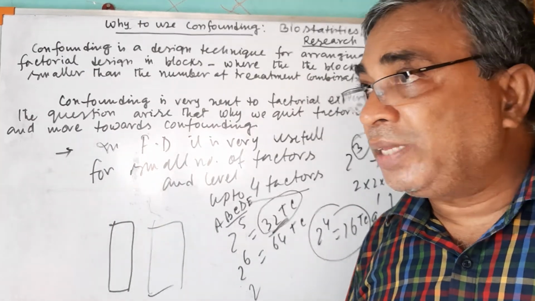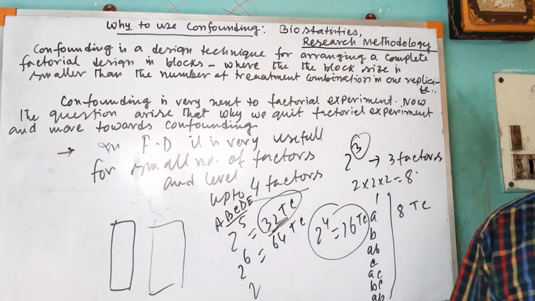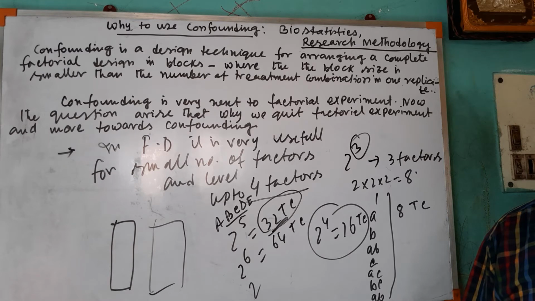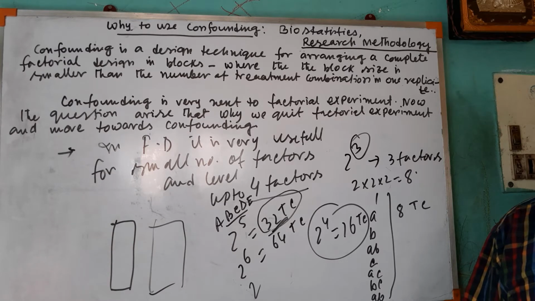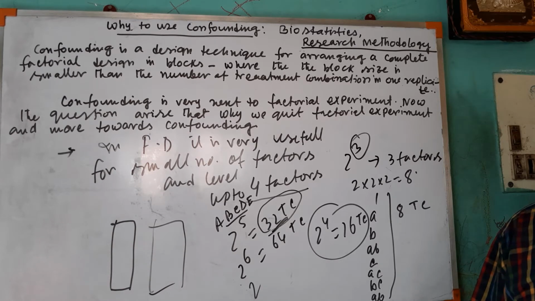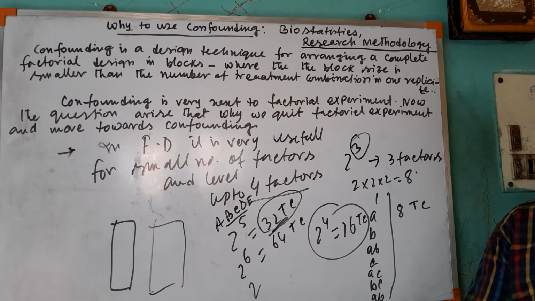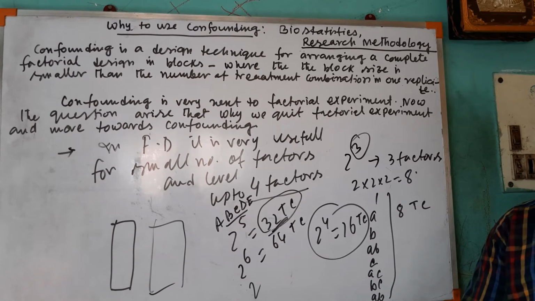Okay. Now, for example, a real life example: it can be said that 4 students are the same by their IQ level, but it will be dubious to declare that 32 students are the same by their IQ.